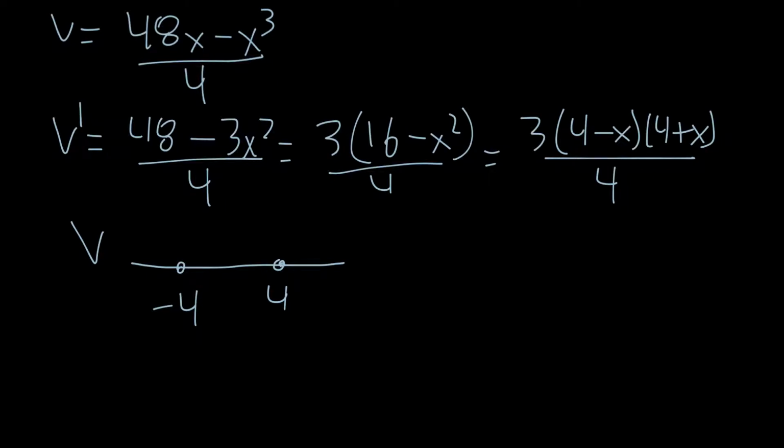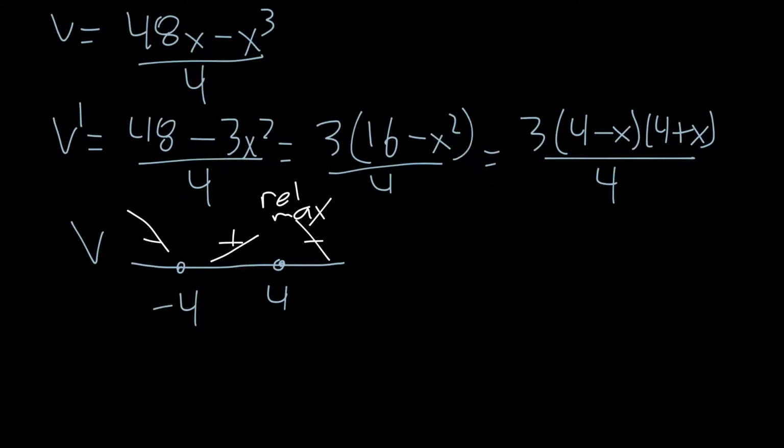Now if we take a test value, say 10, when we plug in 10 into this equation, this is going to be overall negative, this one will be positive, and the 3 and the 4 will be positive. So overall we'll have a negative sign, and then positive and negative. This means it's decreasing, increasing, and decreasing. So we're going to expect to find a relative max at 4.